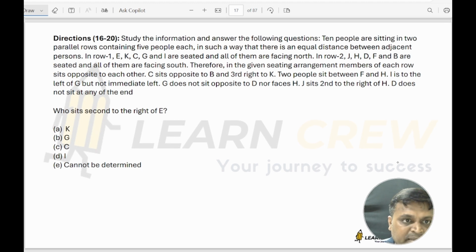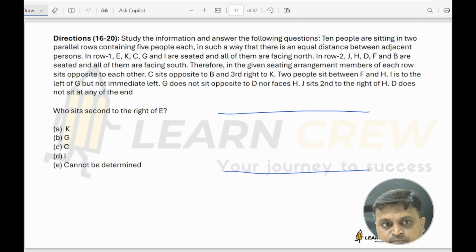Next is again based on a puzzle. Ten people are sitting in 2 parallel rows containing 5 people each, in such a way that there is an equal distance between adjacent persons. This is row 1, this is row 2.